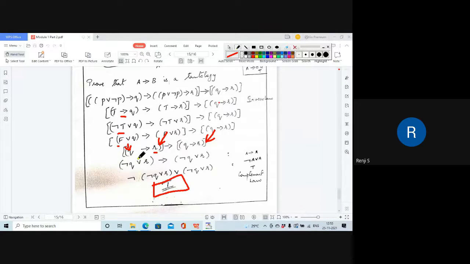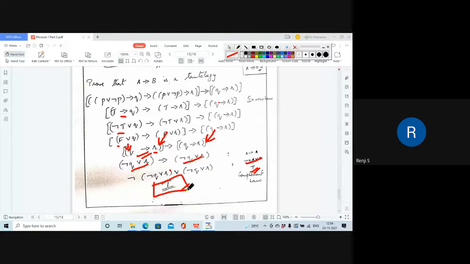Then, A implies B is equivalent to not A or B. So here we can write it as not Q or R implies not Q or R. This implication again changes: A implies B is equivalent to not A or B. So not of not Q or R, or not Q or R. This is of the form not A or A, and not A or A is always true.